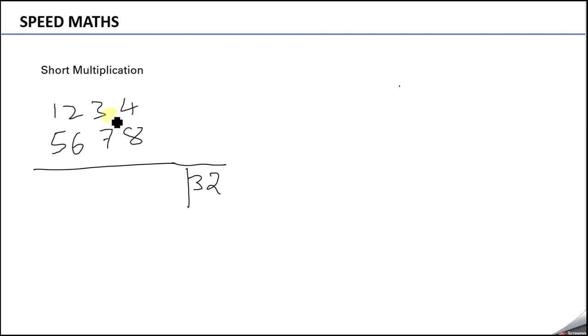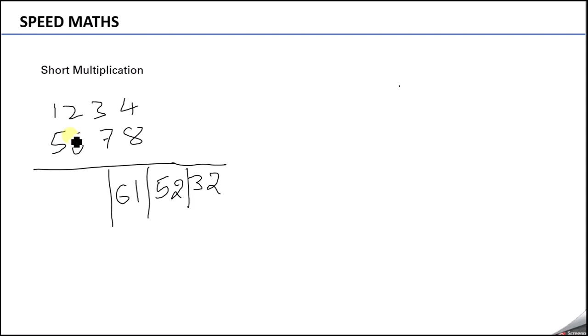Then move towards left. 8 threes are 24 plus 7 fours are 28. 24 plus 28 is 52, if I'm not wrong. Yeah, 52. Next, again third. 8 twos are 16 plus 6 fours are 24. So 16 plus 24 is 40, plus 7 threes are 21, is 61.